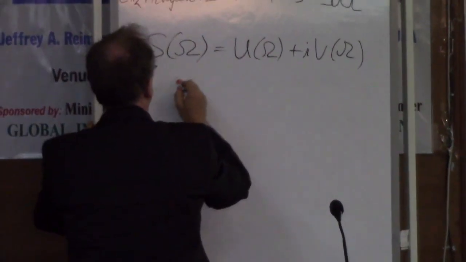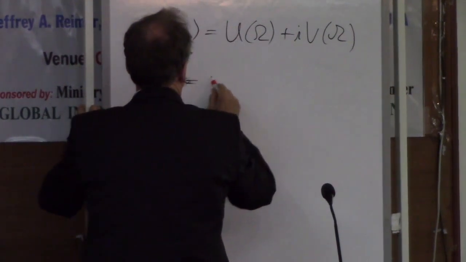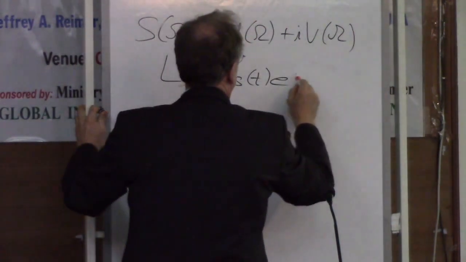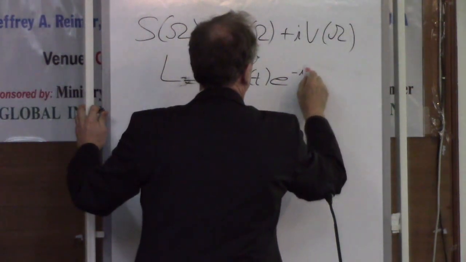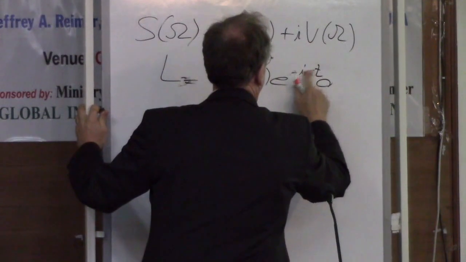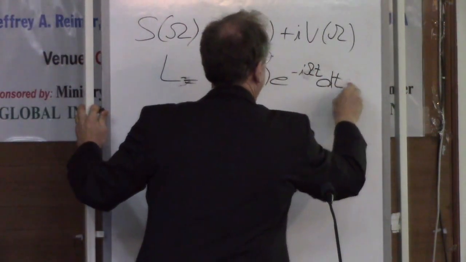because the Fourier transform itself can be written as the integral of S of t times e to the plus or minus i capital omega t.